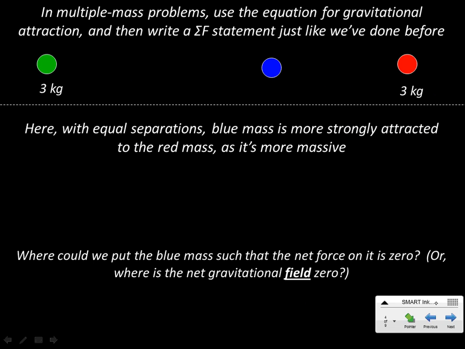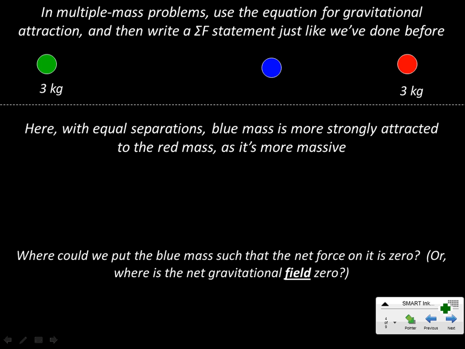And let's look at how forces act on different objects. In this case, let's look at the net force on the object in the middle. Well, we don't know what this object's mass is, the blue one, but what we do know is the two objects that exert forces on it have the same mass.